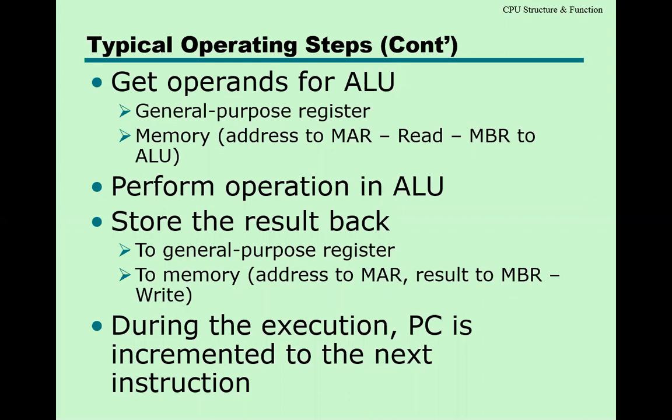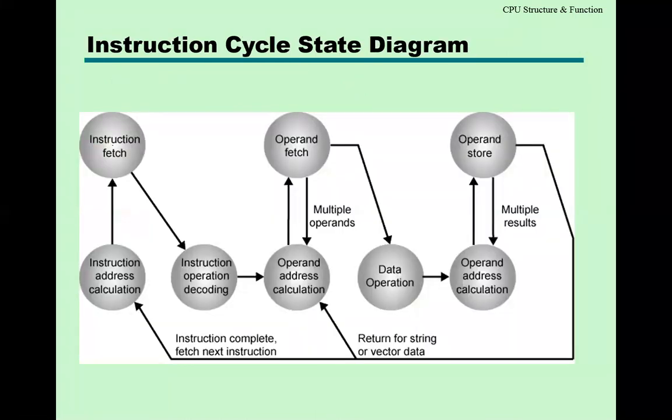And during the execution, the PC is incremented to the next instruction. So while the ALU is executing the previous instruction, the PC is incremented to the next instruction. So these are the different operating steps in the CPU.